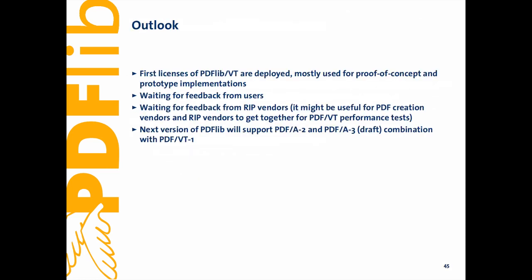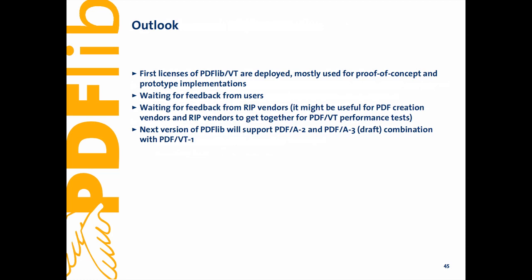So to come to the end, the outlook: we have some licenses of PDFlib VT deployed, and according to what we know, those are mostly used for proof of concept and prototype implementations. We do not know of any real production use. We are waiting for feedback from those users.